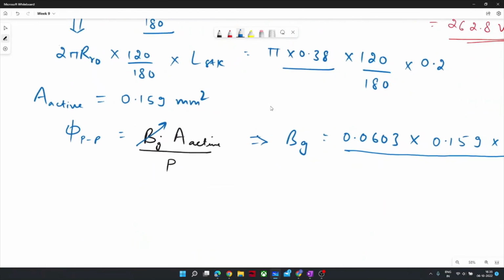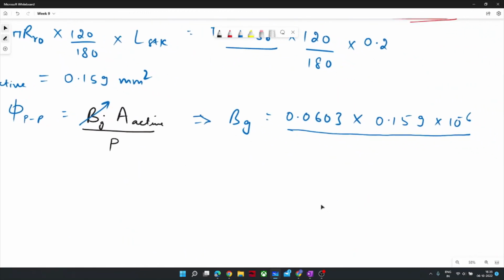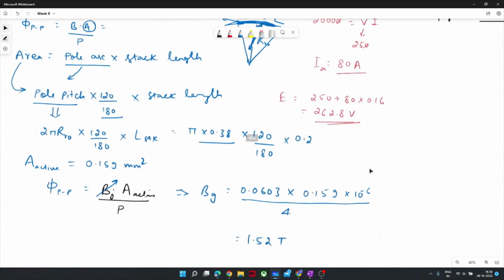So it will be divided by 4, and this BG value will come out to be 1.52 Tesla. So this is the whole procedure to compute air gap flux density.